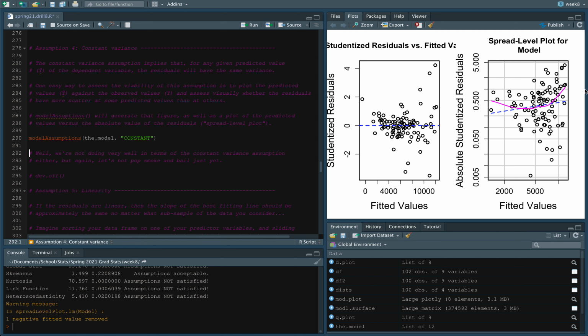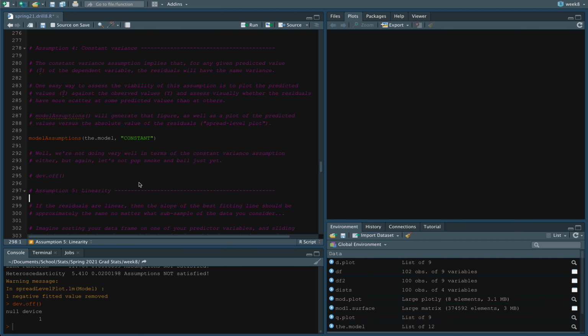So again, that doesn't look great. This is not what I would want to see if this was my data in this model. But once again, fret not, there are still things that we can and ultimately will do.